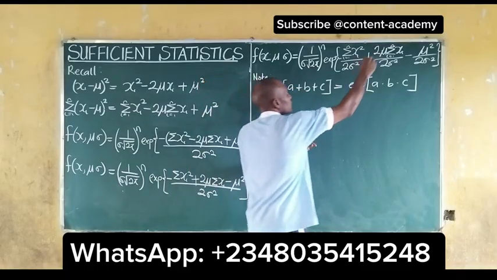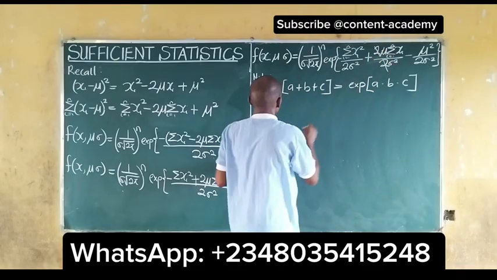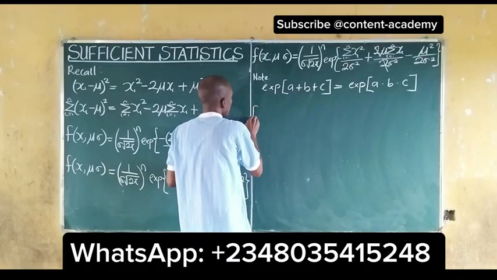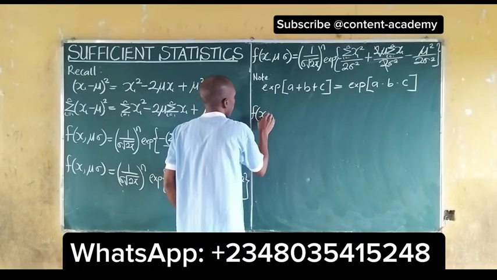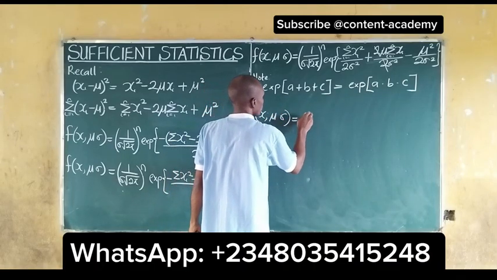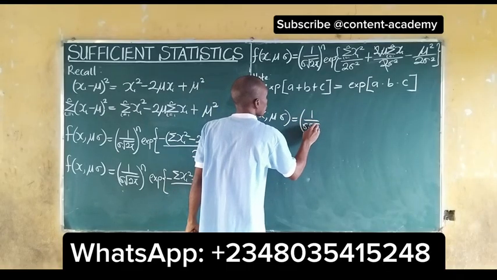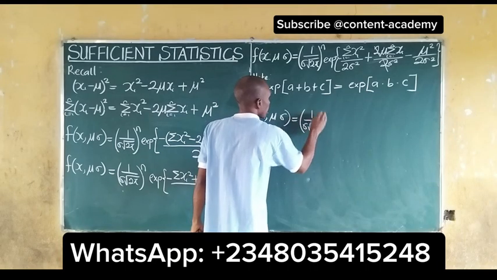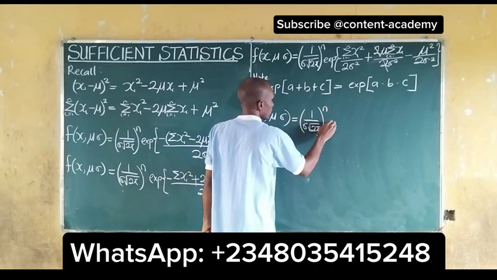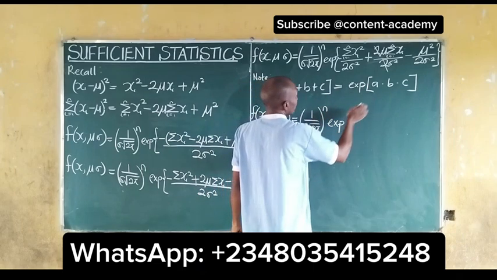Meaning these two will cancel these two. Now we can rewrite this properly from what we have written here. f of x, mu, sigma will now be equal to 1 all over sigma square root of 2 pi raised to the power of n, exponential from what we have stated here.